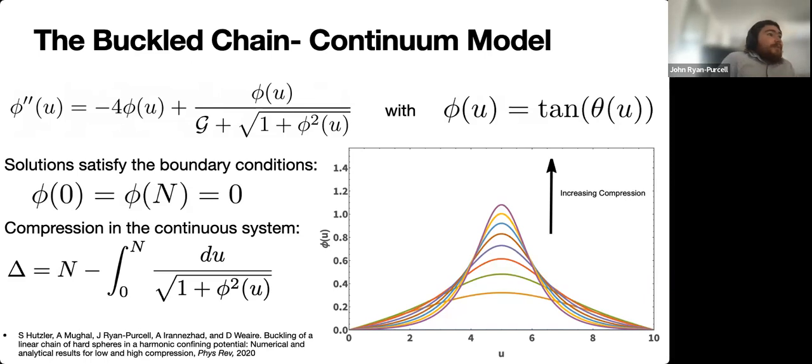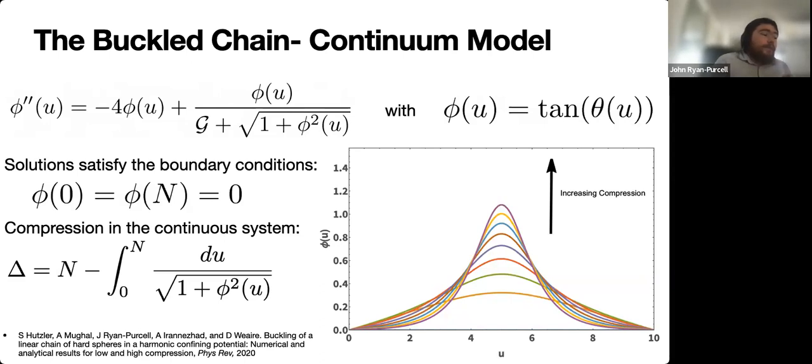We therefore develop this continuous model, which results in a second order differential equation in phi of u, where phi is tan of the angles. You can consider this like the slope of the center lines of those spheres. In order to find the profiles that we saw earlier, we simply find solutions that satisfy the boundary conditions, where phi of 0 and phi of n are 0.